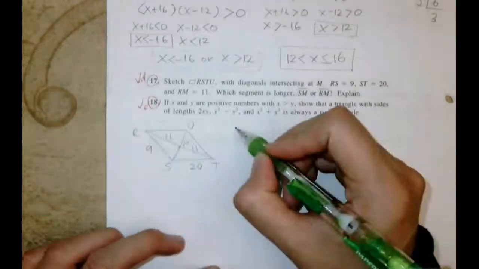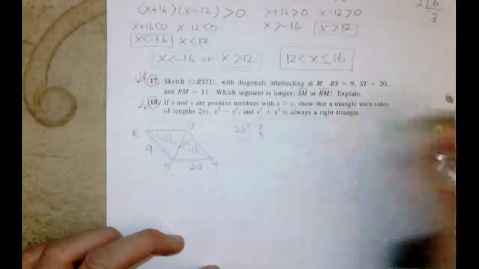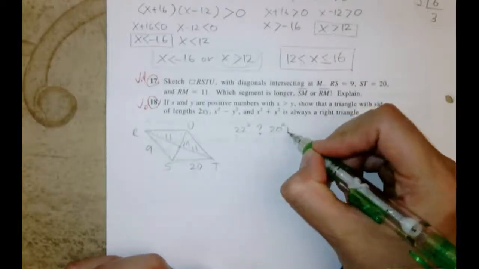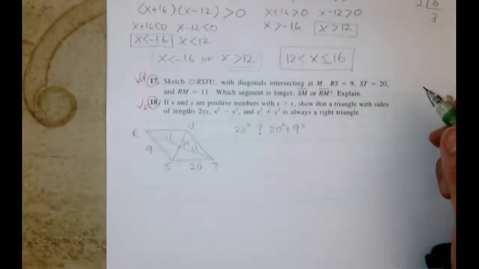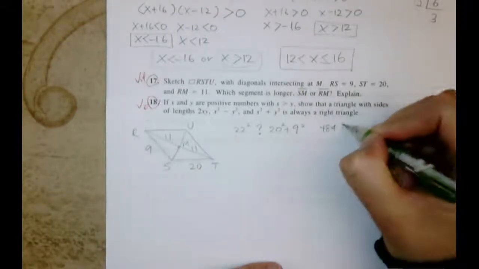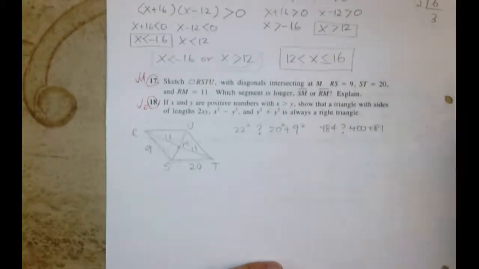Okay, so is 22 squared greater than, equal to, or smaller than 20 squared plus 9 squared? 22 squared is 484, question mark, 400 plus 81.